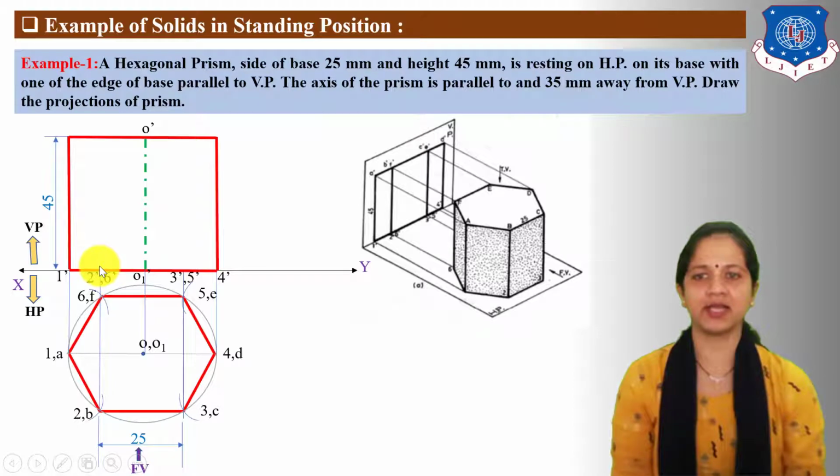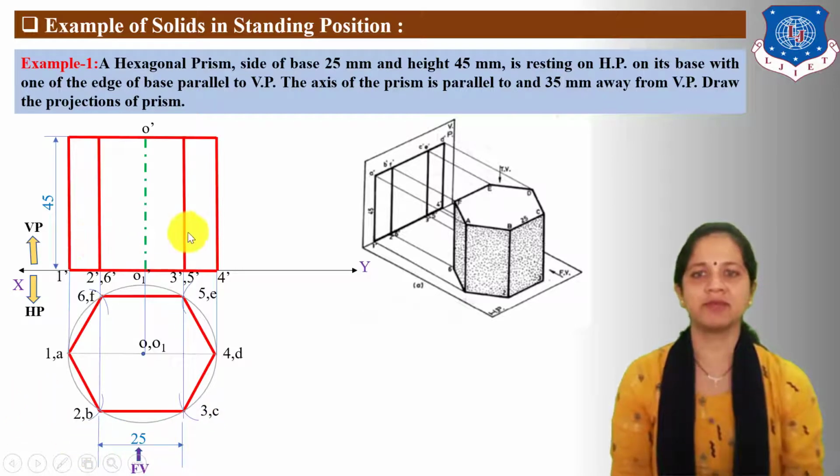So, draw the vertical or longer edges passing through the 2 dash 6 dash and 3 dash 5 dash points. Here you can see the 2B and 3C longer edges are nearer to the observer. So, draw visible lines in the front view. The 6F and 5E longer edges are overlapped with the visible longer edges 2B and 3C.